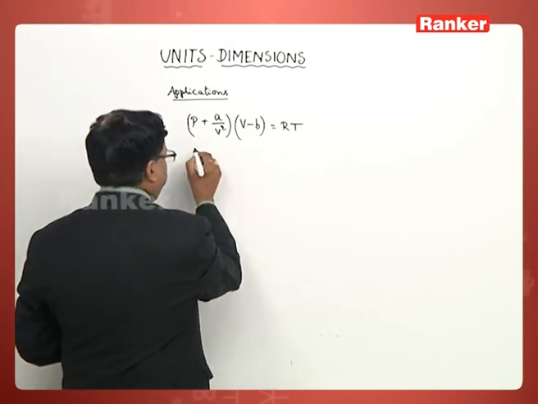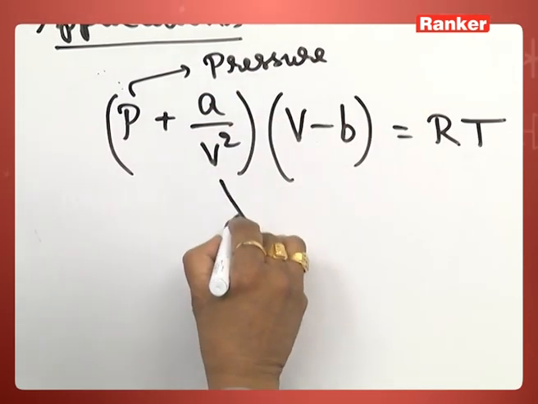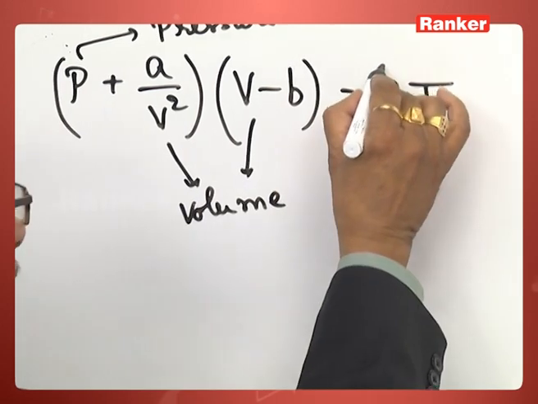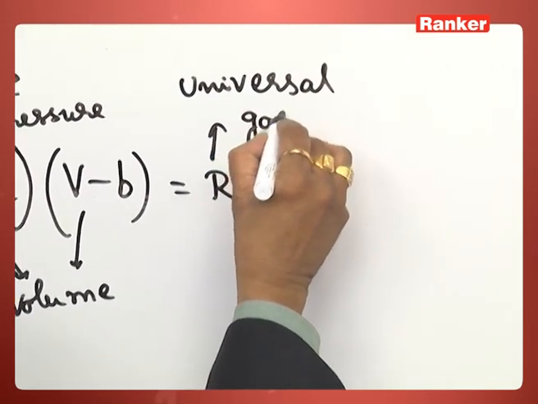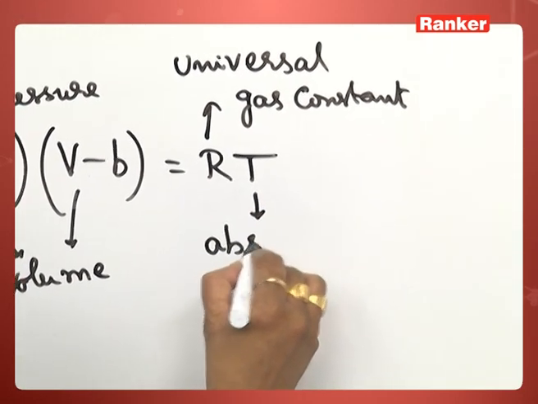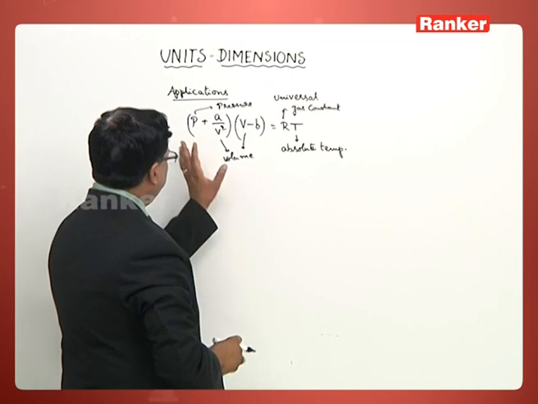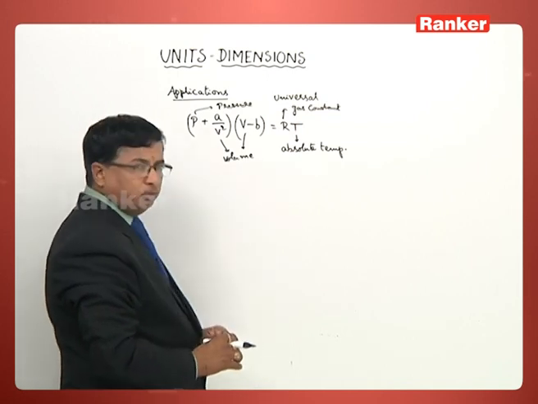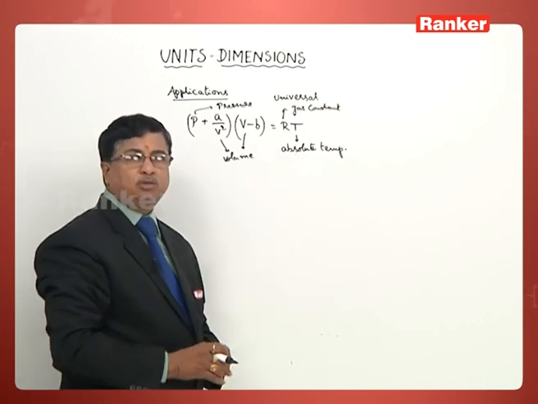Out of that, P is pressure, V is volume, R is universal gas constant, and T is absolute temperature.